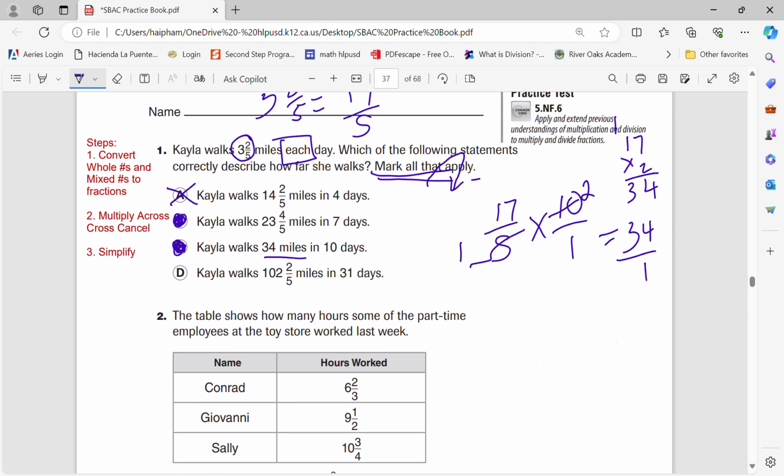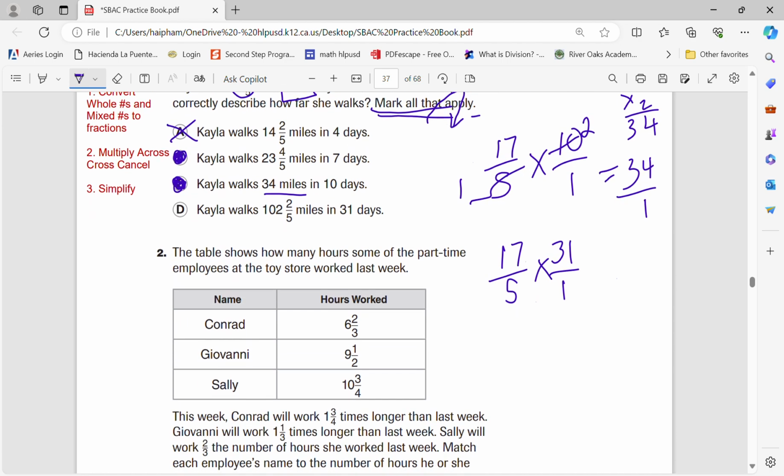Kayla walks 102 and 2/5 miles in 31 days. So let's take our 17/5 and multiply that by 31 over 1. Doesn't look like we're able to cross cancel here, so let's go ahead and multiply our 31 by 17. 7 times 1, 7. 7 times 3, 21.